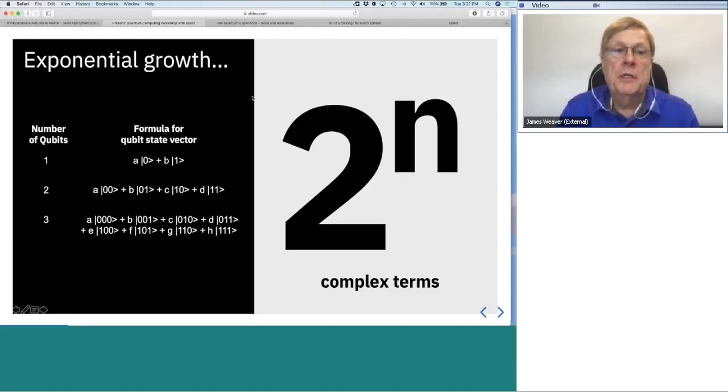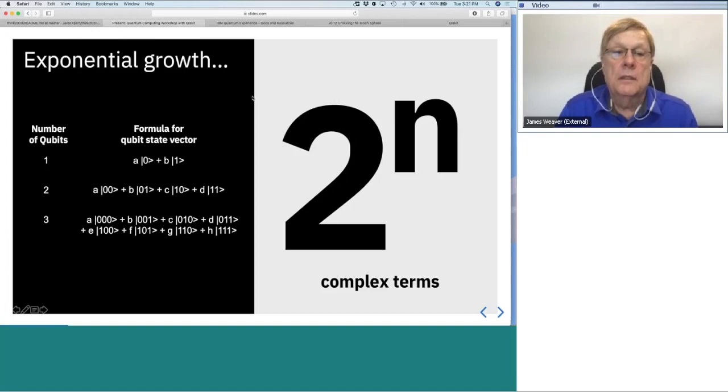And that's because every quantum particle that you're trying to model, let's say that if you were trying to model 1, it will take 2 complex numbers to do that. If you try to model 2, it takes 4 complex numbers. If you try to model 3, it takes 8 complex numbers. And so you see where this is going.